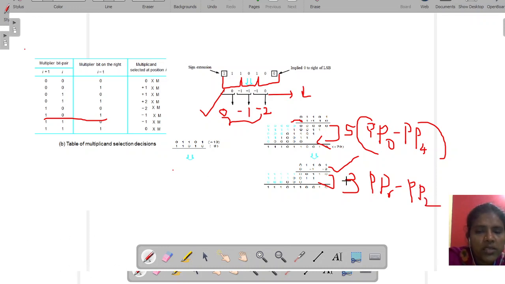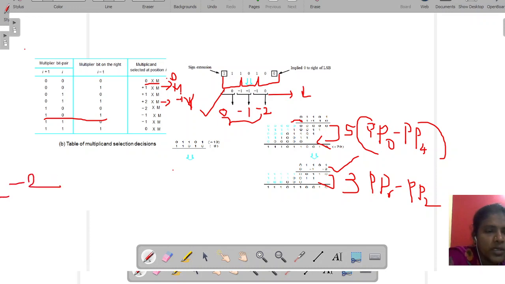Now you can see how you got the multiplication. Observe here: 0 multiplied by m is 0. Plus 1 into m is m itself. Plus 1 into m again is m. Plus 2 into m is plus 1 into m shifted left by 1 bit position. Minus 1 into m: take the 2's complement of m.